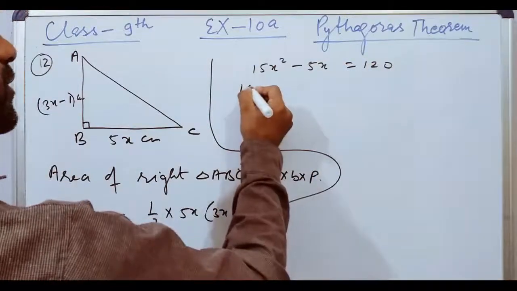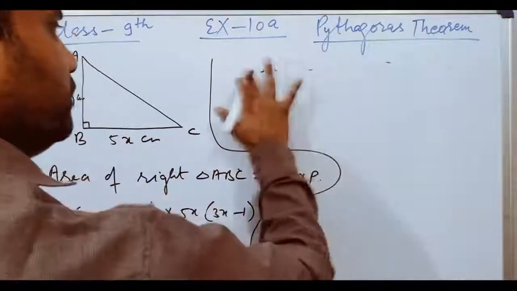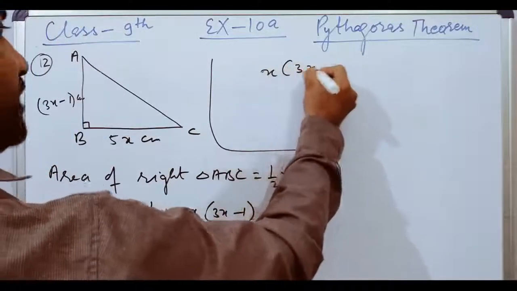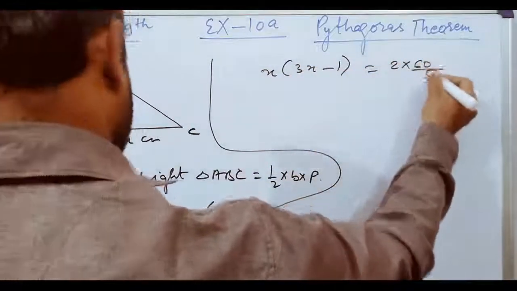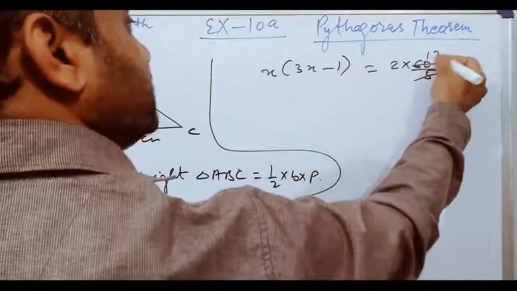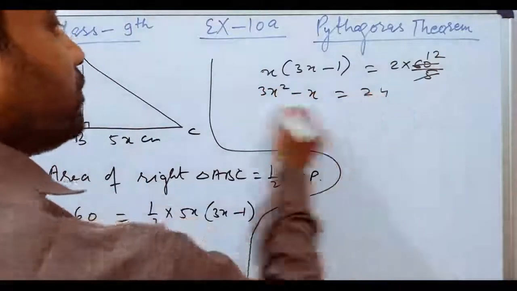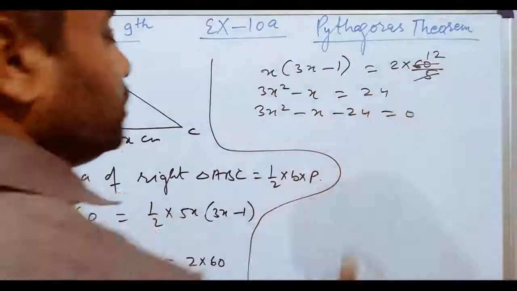Then dear student, one more thing you can do. 3x minus 1 we can simplify more by dividing by 5. 5 1s are 5, 5 24s are 120. It is 3x square minus x equal to 24. 3x square minus x minus 24 equal to 0.